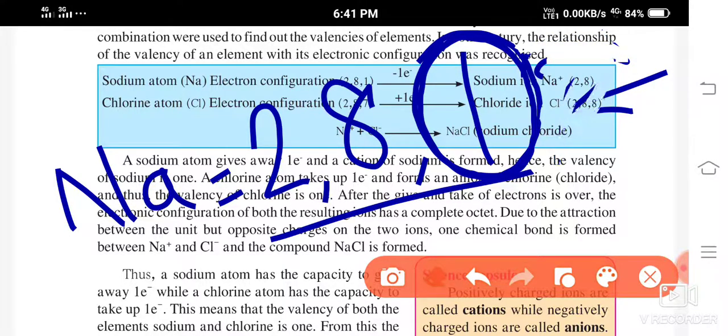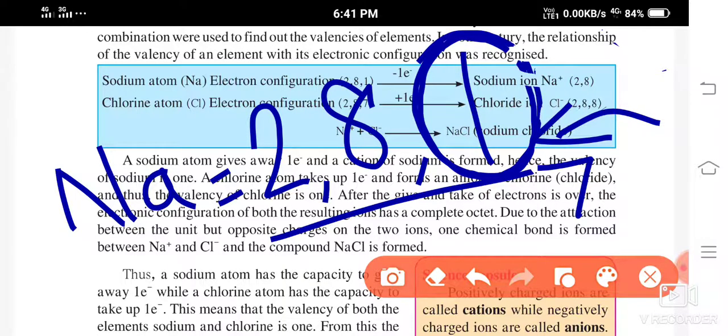So is it easy to take 7 electrons or give away this 1 electron? If the sodium gives away this 1 electron, then there will not be any electrons left in this third shell.